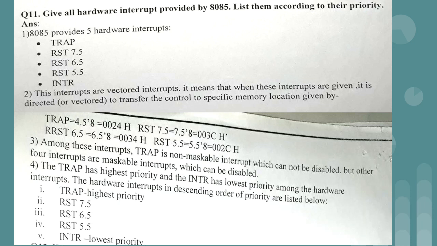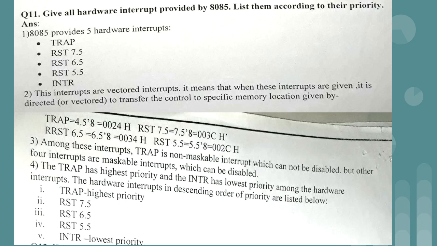For that, in the second point of the question, we have given some points like TRAP equal to 4.5 then raised to 8. So after TRAP there is the number 0024H. Whenever the TRAP interrupt occurs, we will move to the memory location 0024H directly, not any other memory location. Only to this memory location will our control move.